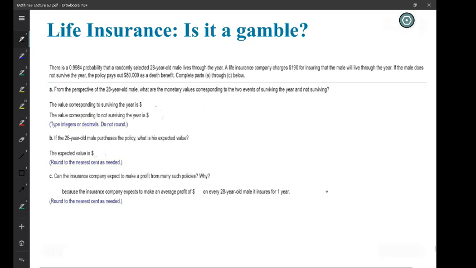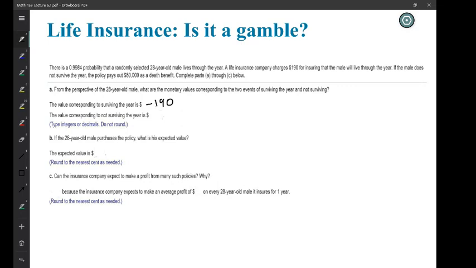So, from the perspective of the male, what would be the value of surviving the year? Well, if he survives the year, he loses $190. So minus 190, and that is his net gain.